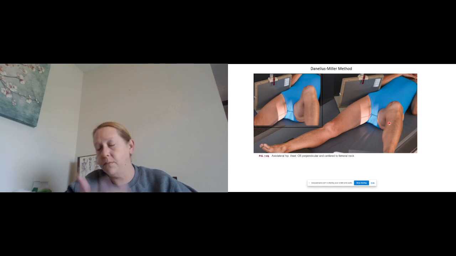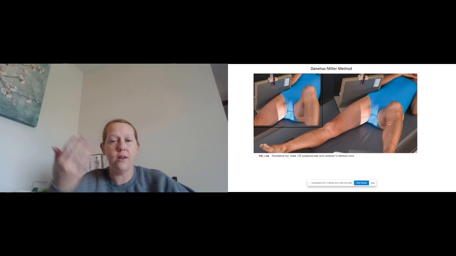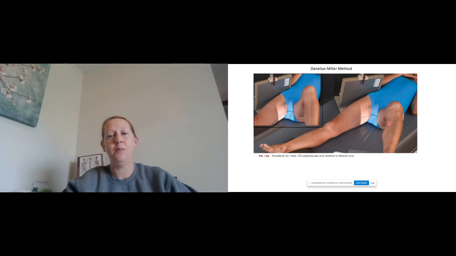So we usually just hold it up, put it on the side of the bed, ask the patient if they can hold up their leg, whatever we have to do. But this is a trauma view, a Danelius-Miller, because let's just say that femur is broken, and we need to take a cross table hip.